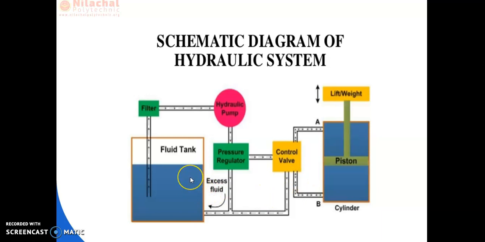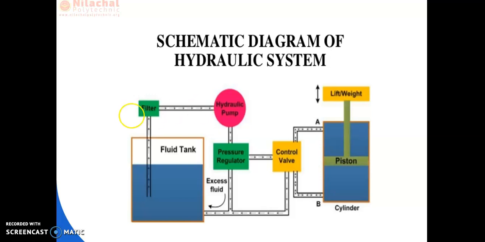The fluid tank is used to reserve the liquid, and it also provides the required amount of liquid which is to be fed to the hydraulic pumping system. The hydraulic pump receives the filtered oil, with the contaminants and hazardous materials removed.